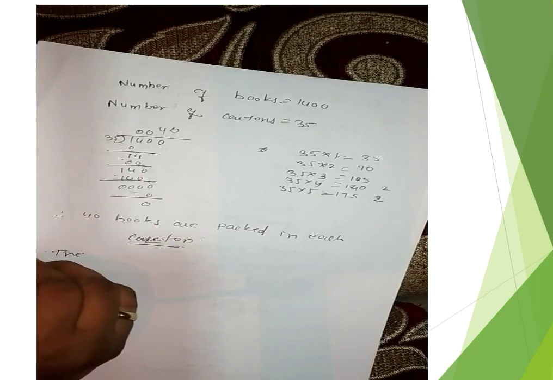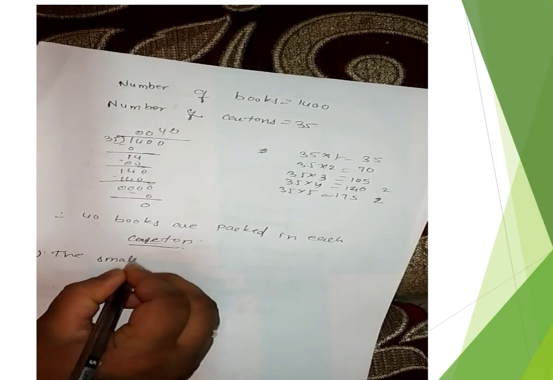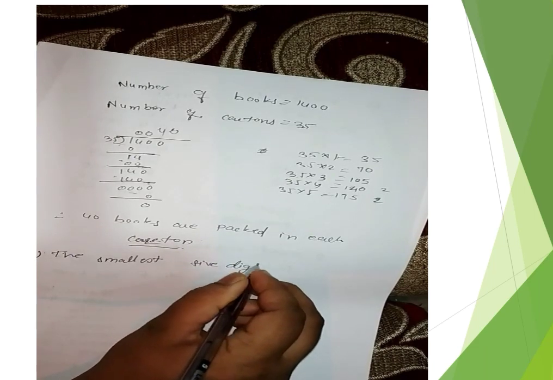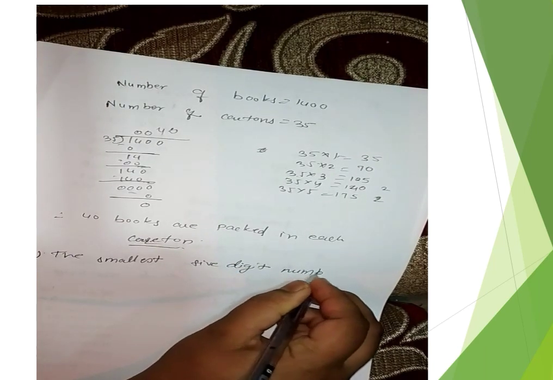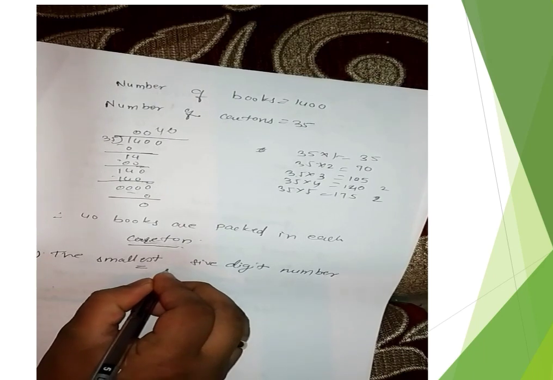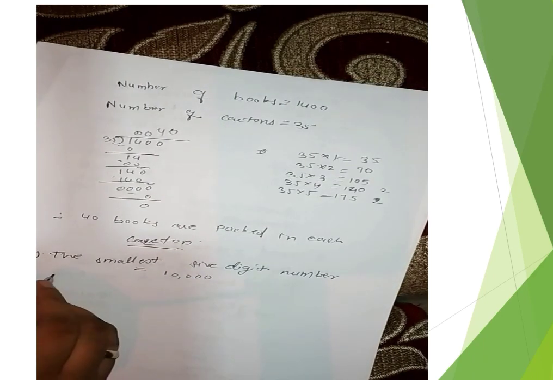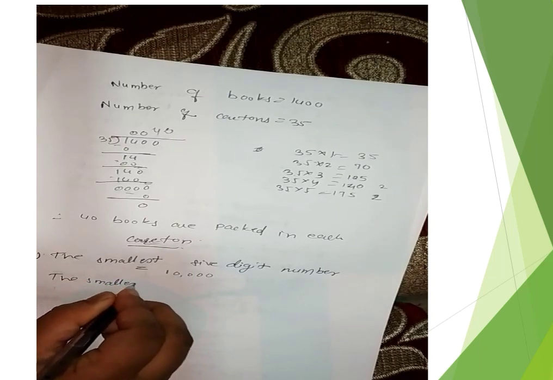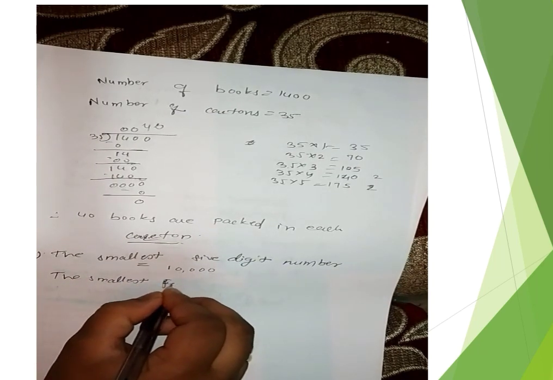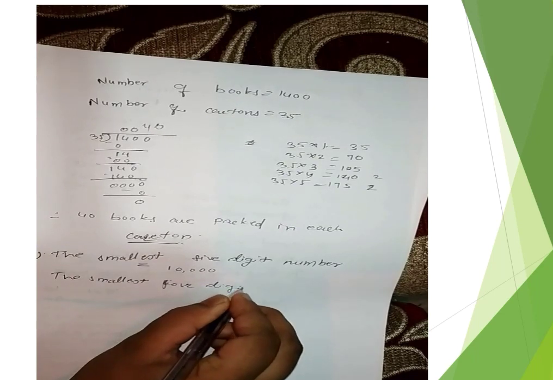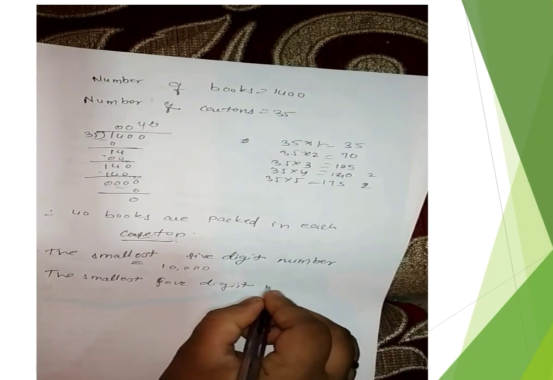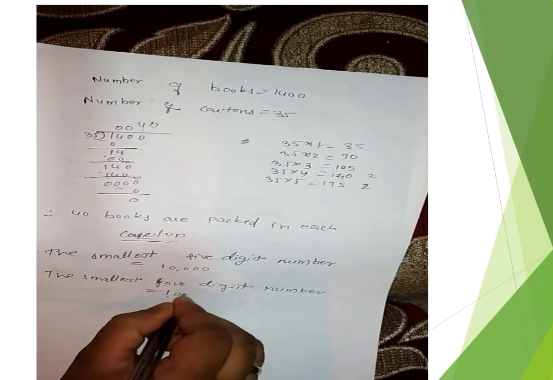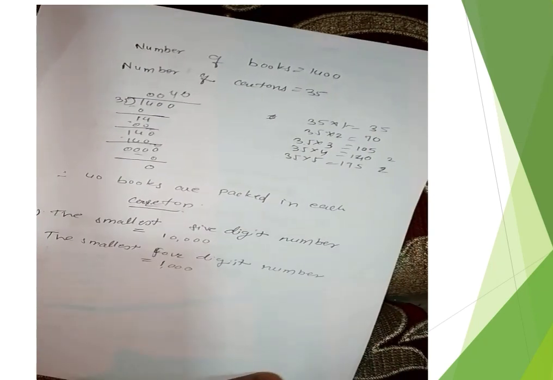The smallest five-digit number is 10,000. Yes. The smallest four-digit number is 1000. We will divide the numbers.